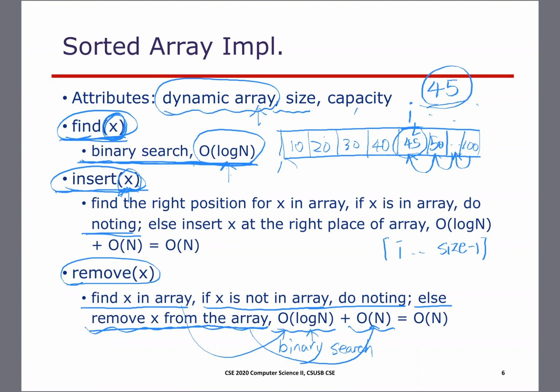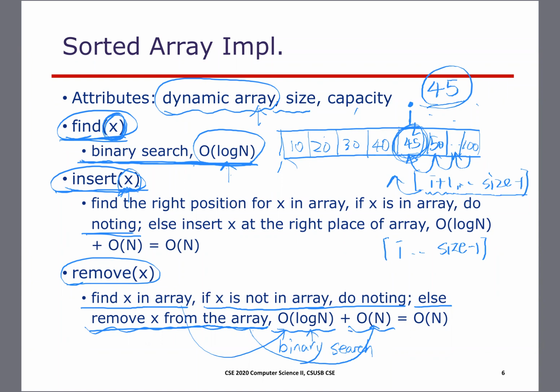So we need to shift the elements from index I plus 1 to size minus 1 to the left by one cell. This is how we remove the element 45. So if the element 45 has index I, we shift the elements from index I plus 1 to size minus 1 to the left by one cell.